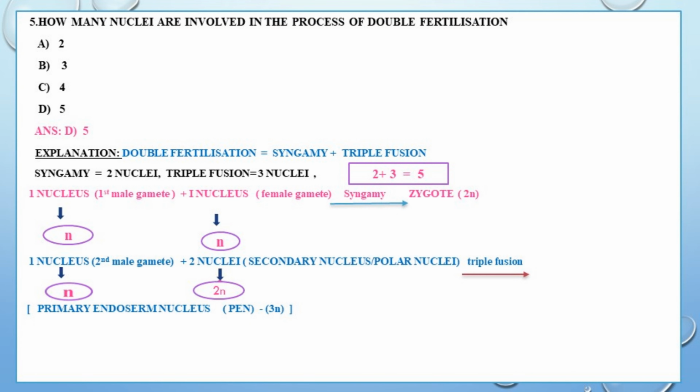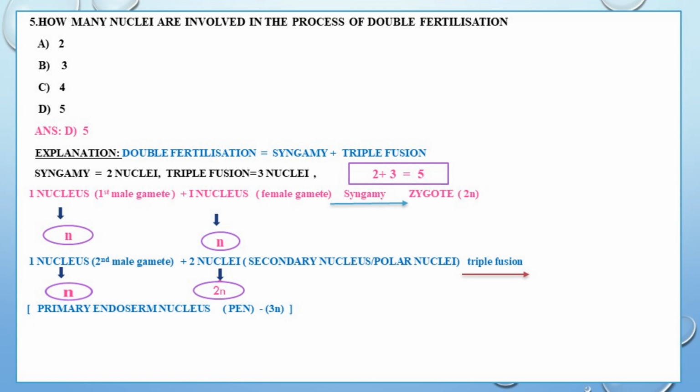Question. How many nuclei are involved in the process of double fertilization? Choices given are 2, 3, 4 and 5. So here you have to recollect the process of double fertilization.